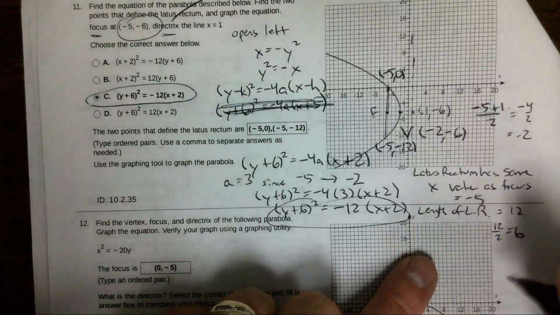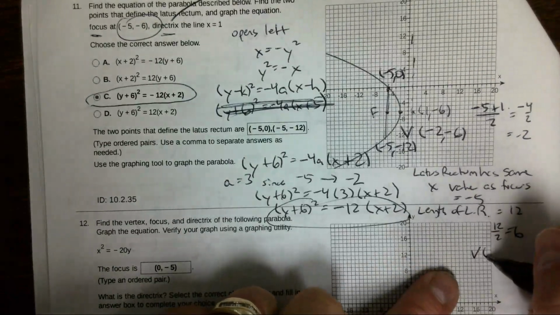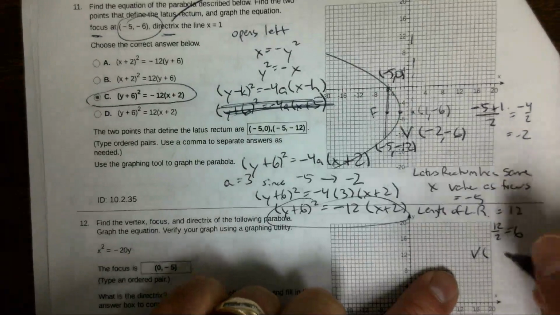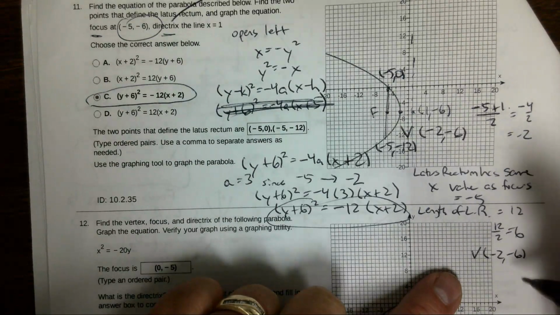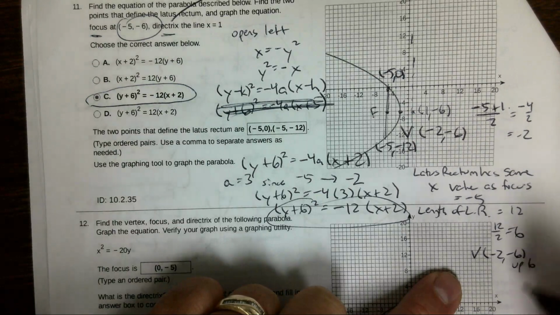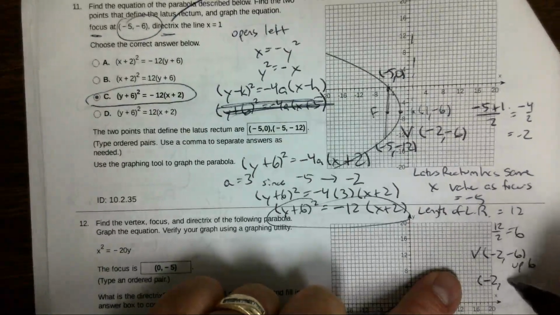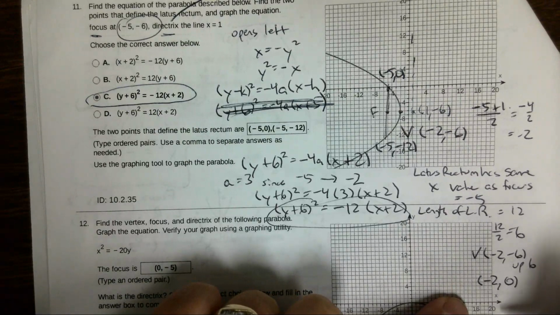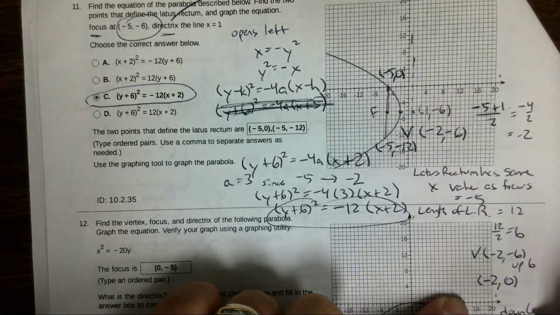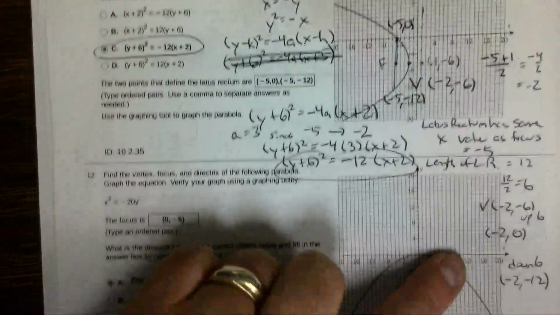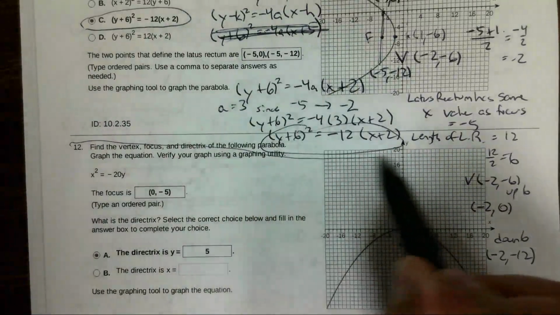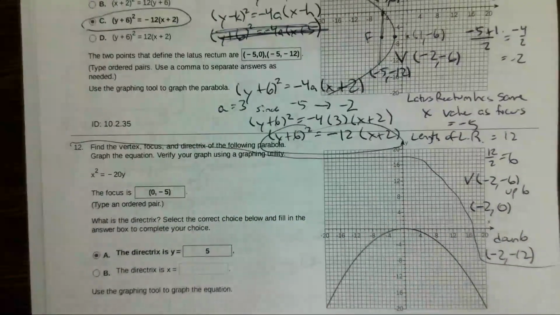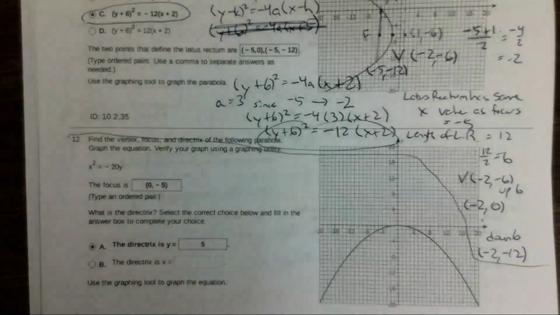You start at your vertex, which is negative 2, negative 6, and then you go up 6, so that's negative 2, 0, and you go down 6, so that's negative 2, negative 12. So that's how you get it.